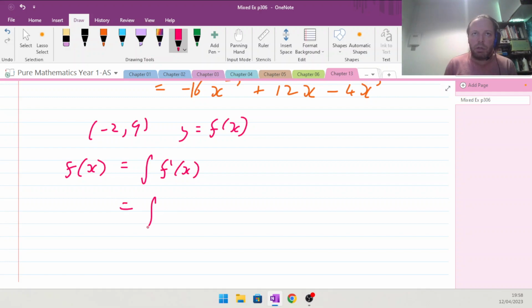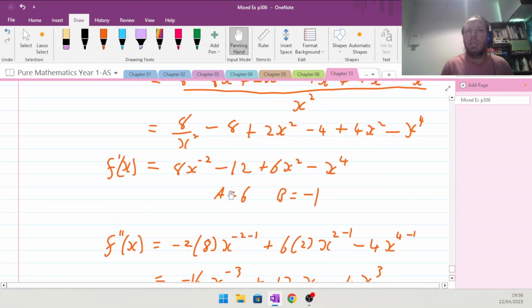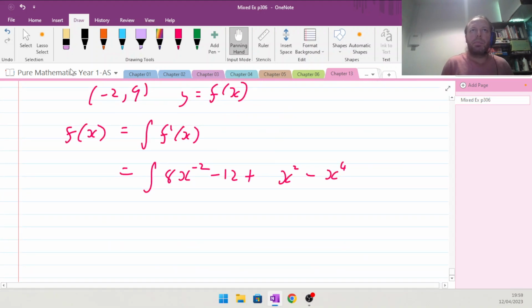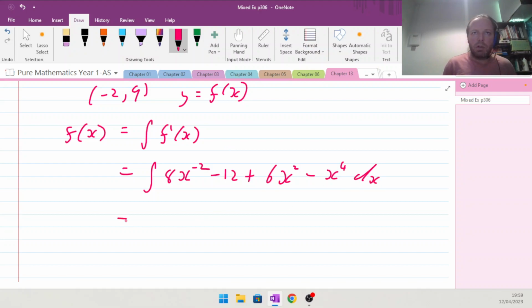So that means we need to do the integral of, what was it? It was 8x to the minus 2 minus 12 plus something x squared minus x to the 4. What was the term in front of x squared? It's that one, isn't it? 6. Right. dx.